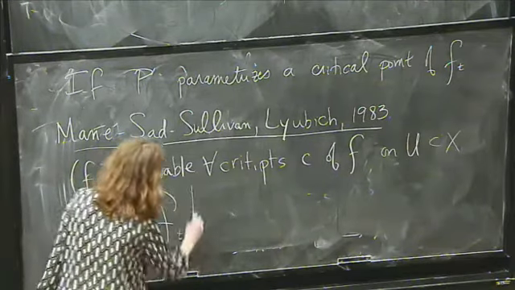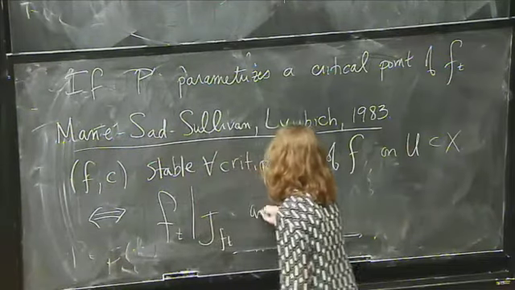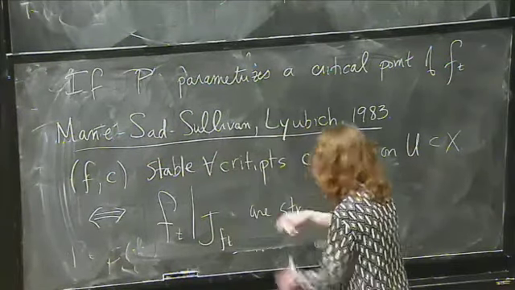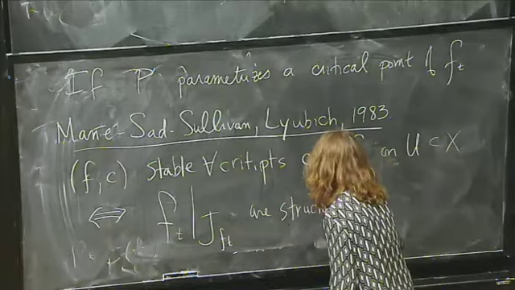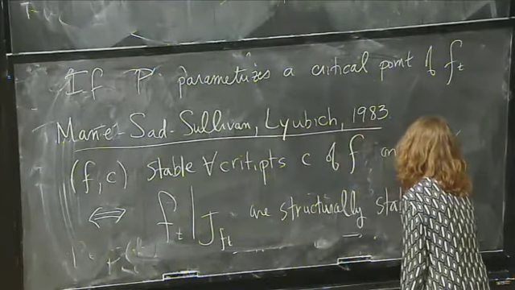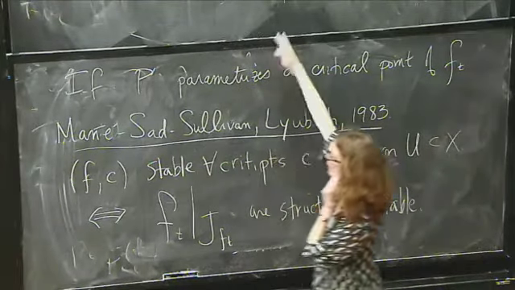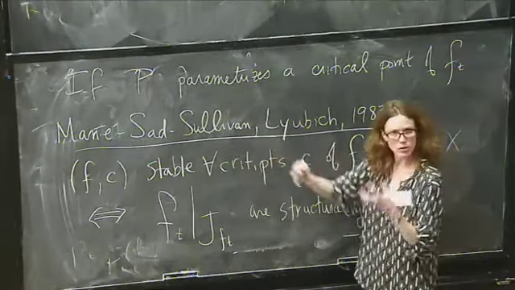That the maps, when restricted to their Julia sets, are all topologically conjugate in small neighborhoods, so structurally stable. Okay, so this is exactly this notion of stability which plays a role in structural stability.